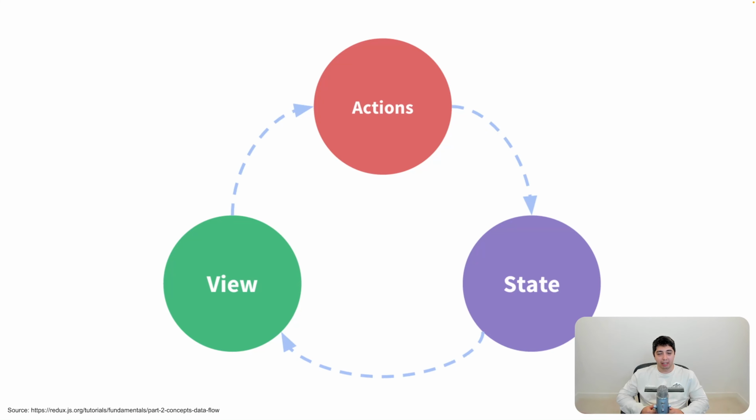For example, let's say that you have an icon that shows that something is favorite or not favorite.